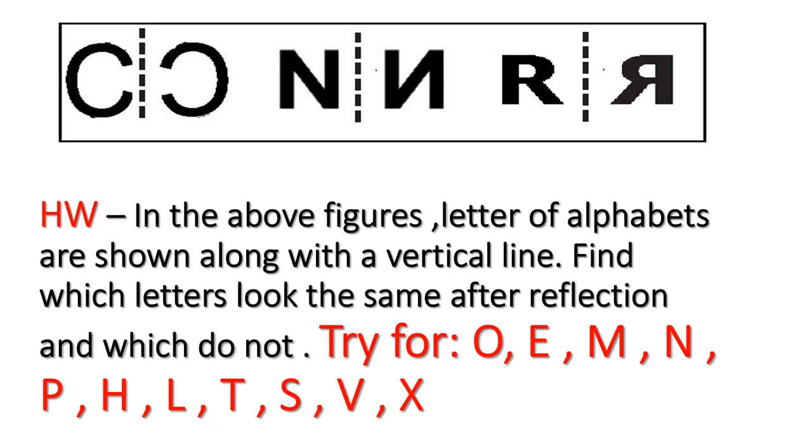You will make these letters on pieces of paper, one letter on one page. Now place it in front of the mirror, or keep it in your hand in front of the mirror, and see how the reflection comes in the mirror. How is the image formed in the mirror, that you have to see.